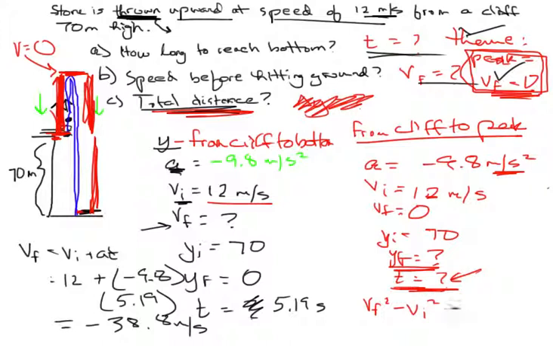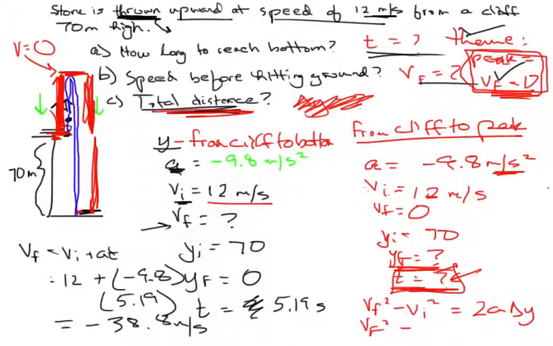It just looks scary: V final squared minus V initial squared equals 2a delta y. I personally love it when the problem does not give me time, because I know exactly what to do. There's only one equation that doesn't have time. So if you're not given time and you need to figure out another variable, you use this equation. It's the go-to.